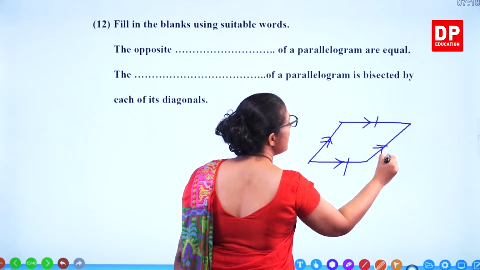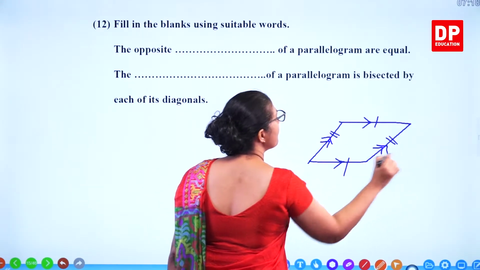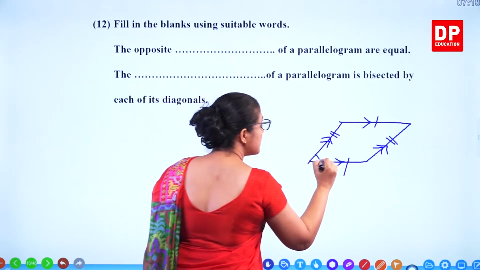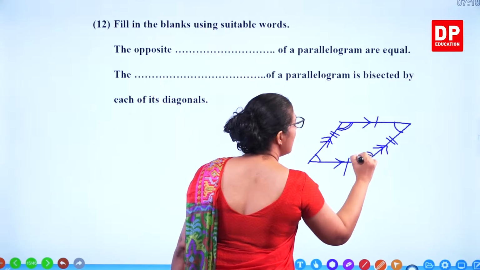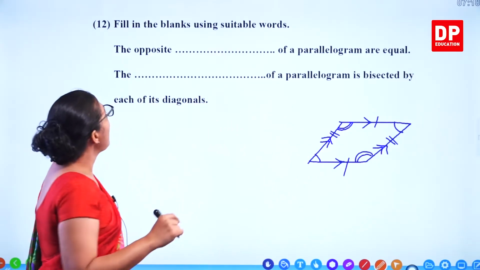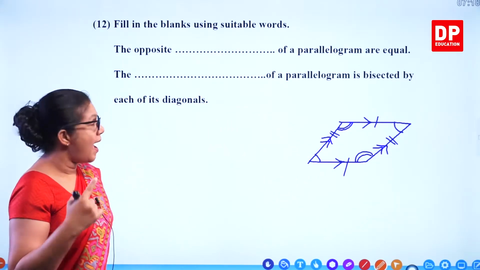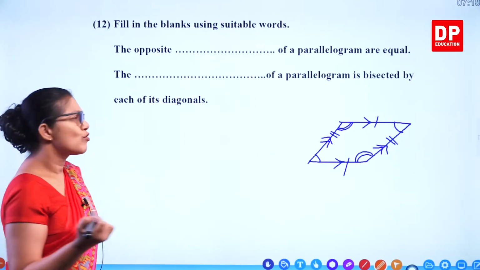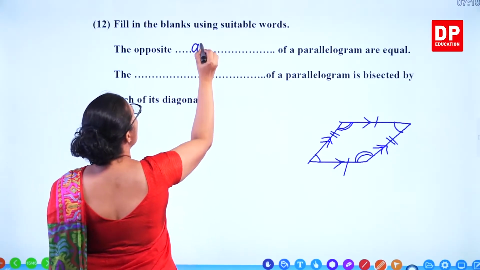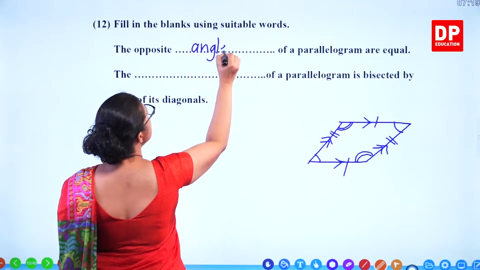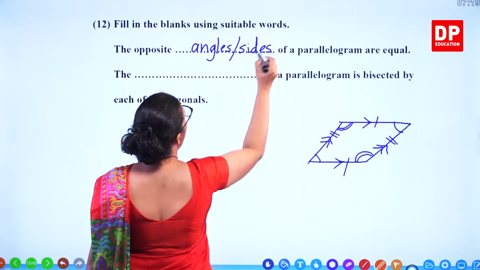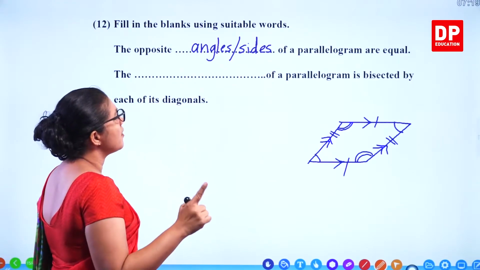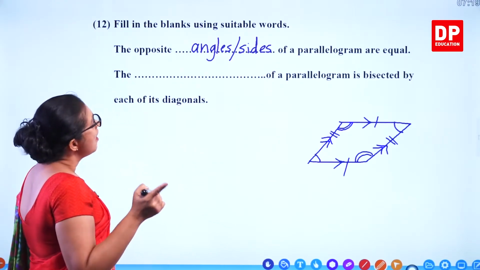And opposite angles are equal. So what can you write here? Opposite angles or sides. Opposite sides or angles of a parallelogram are equal.